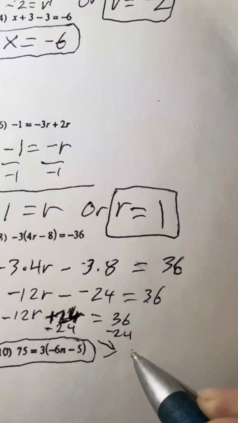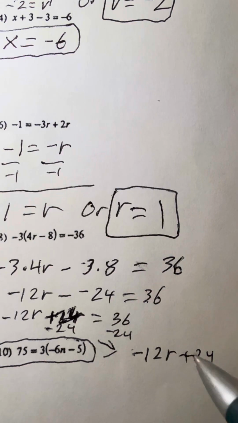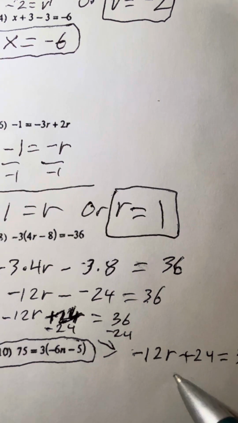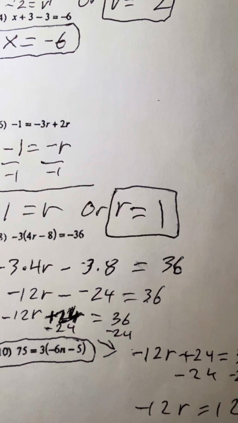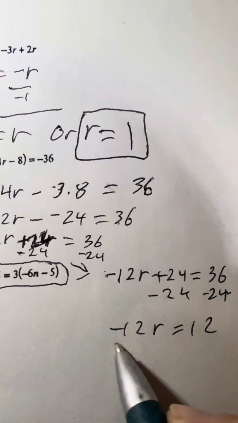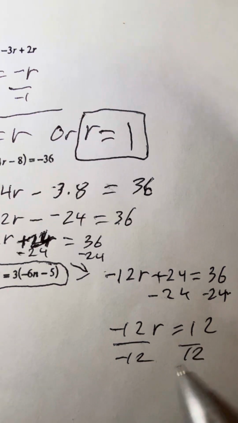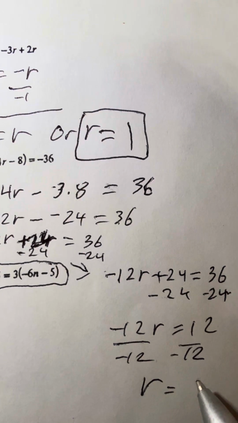I'm going to write again: negative 12r plus 24 equals negative 36. We're going to subtract 24 from both sides. Negative 12r equals negative 60. Now we need r by itself, so we're going to divide by negative 12. r equals 5.